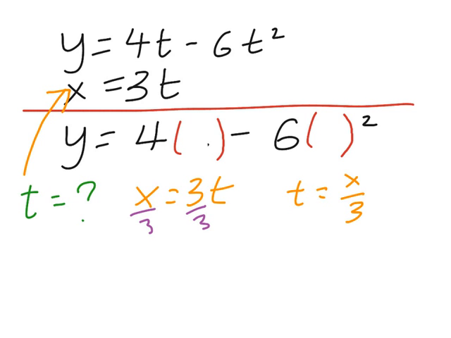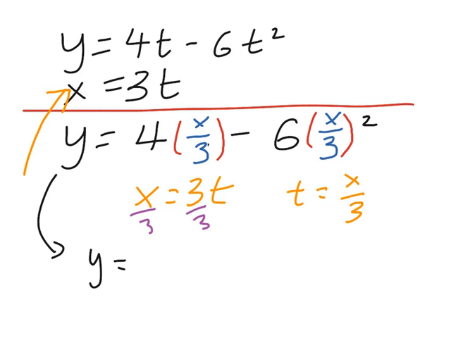But this time I put in x over 3, x divided by 3. So our equation is now y equals 4 times x over 3 minus 6 times x over 3 squared.